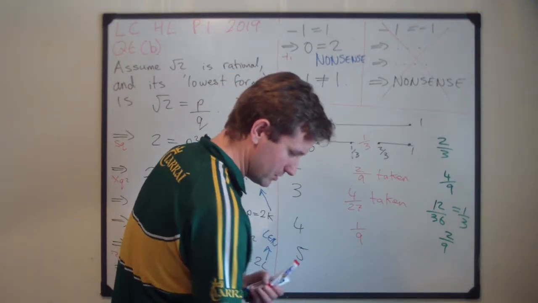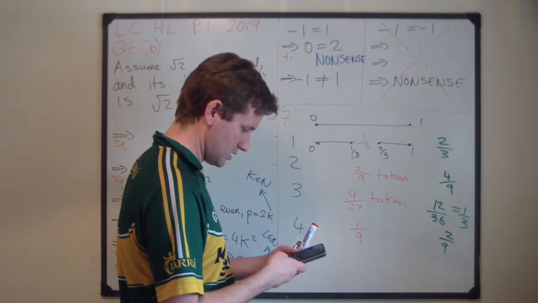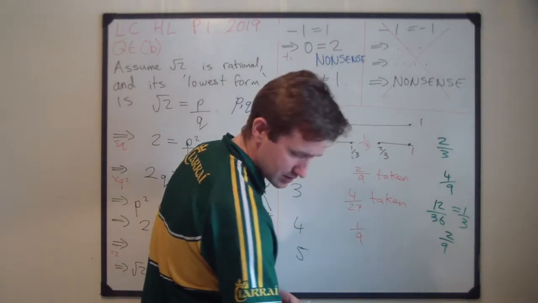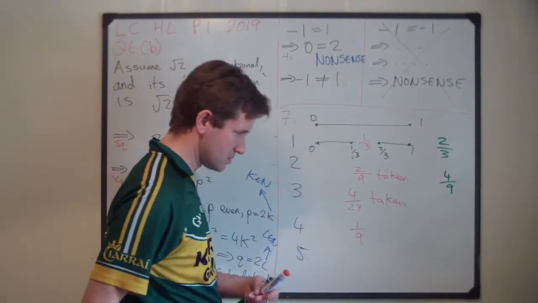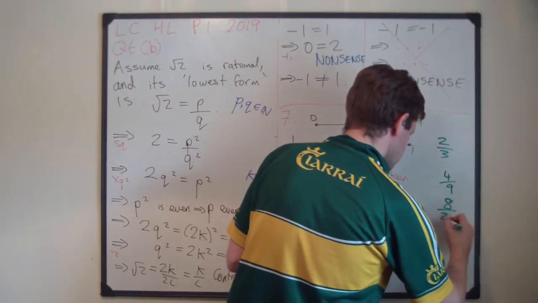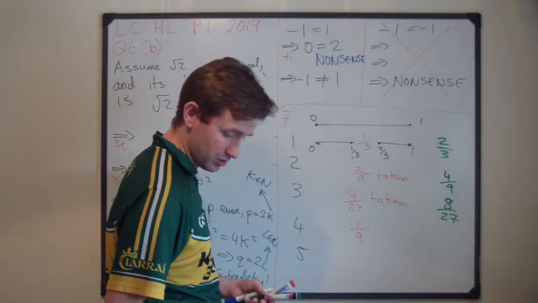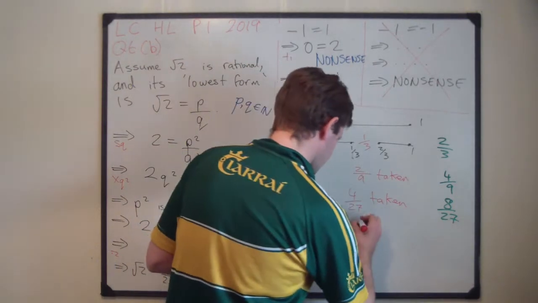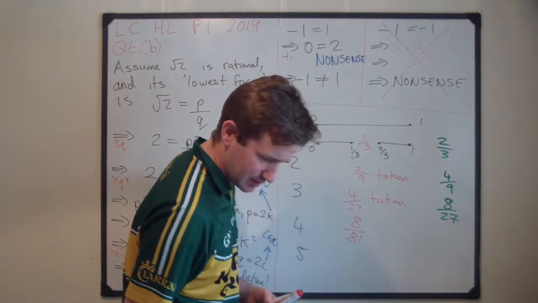So, maybe I will use the calculator a bit more. So 4/9, take away 4/27, 8/27, apologies. And then we're going to take 1/3 of that, which is going to be 8/81. And so take that away from that length.